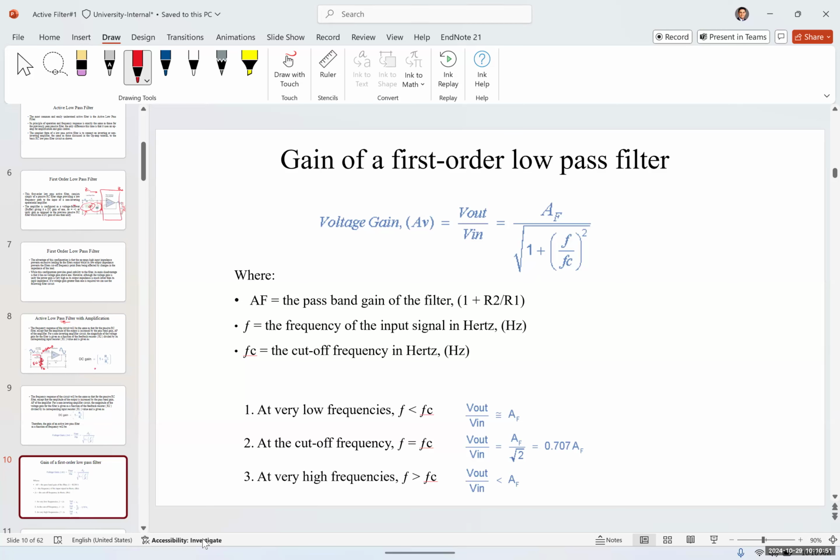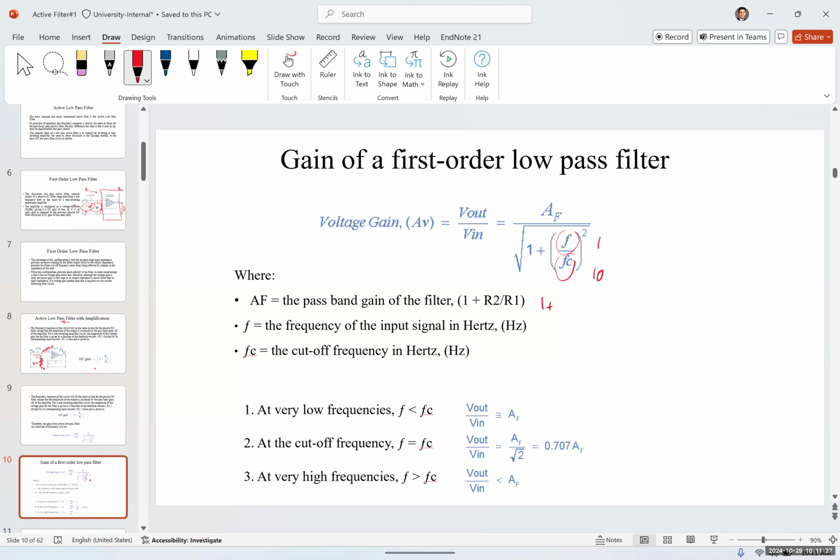So what happens is when the input frequency is very low, in other words, F is less than FC, this is going to be a very, very small number. So imagine if F is 1 and FC is 10. Then F over FC to the power 2 is going to be 1 over 100.